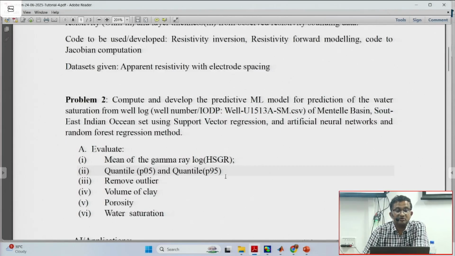Now coming to the second problem, where this data has been shared.